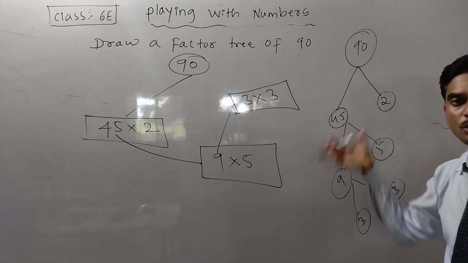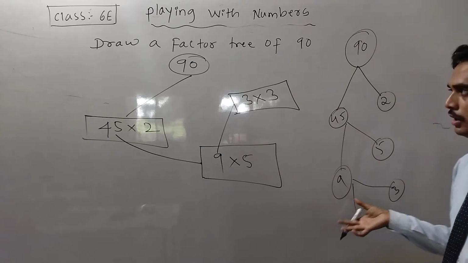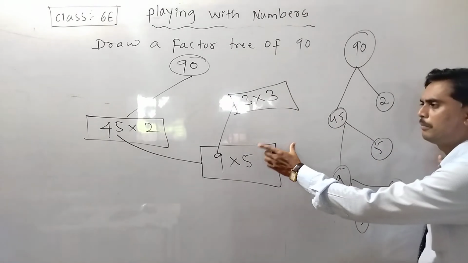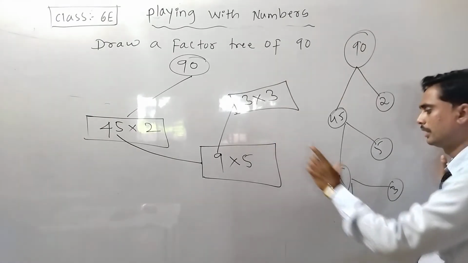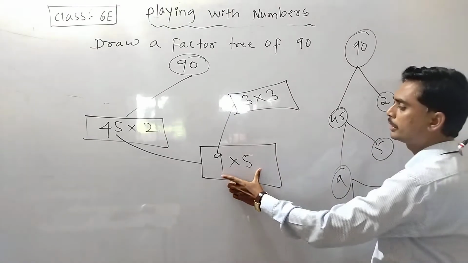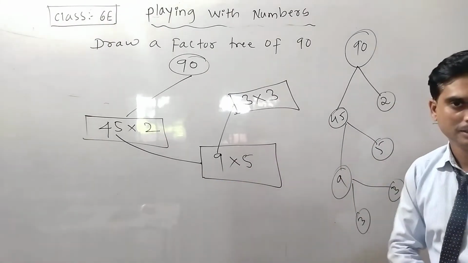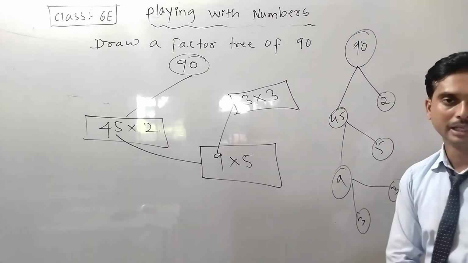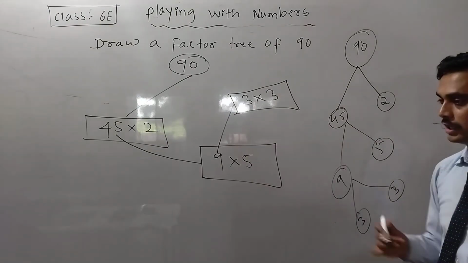This type also you have to draw, same method, same answer, and here a square box is used because there is a multiplication mark. Okay, write down this one.